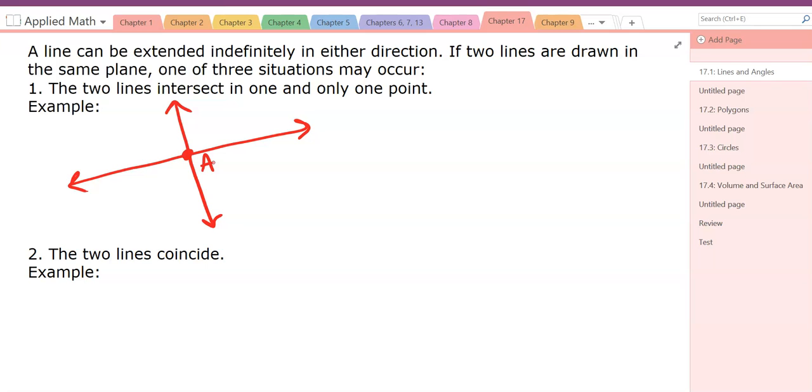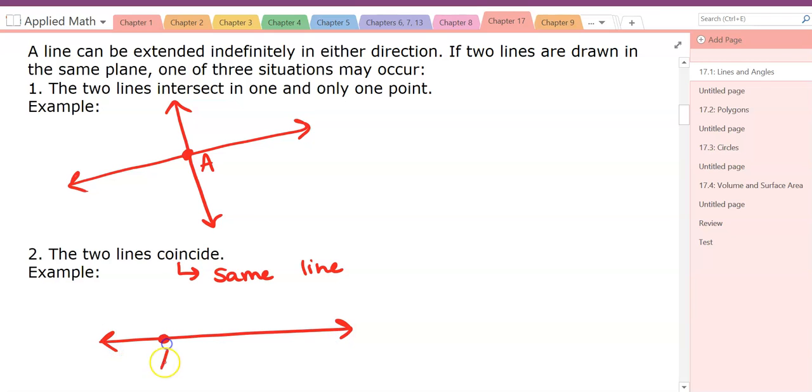The second situation is what we call coincide. Coincide basically means that they're the same line. So it's one line, and they share all the points on this line. So for example, if they gave you this picture, and they said, are AC and BC the same line, you should be able to say yes, because they coincide.